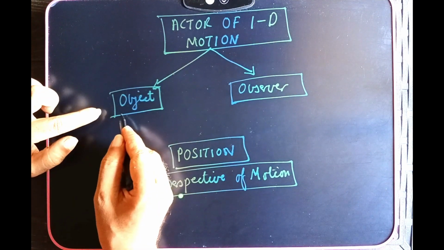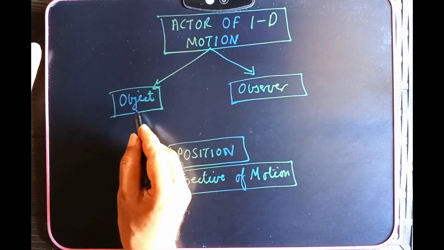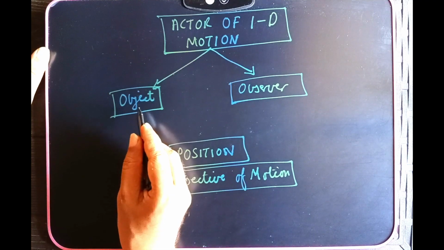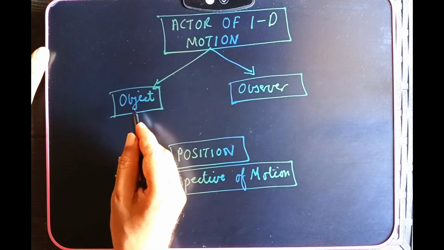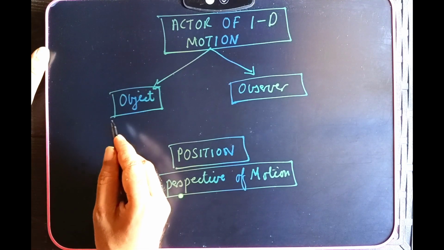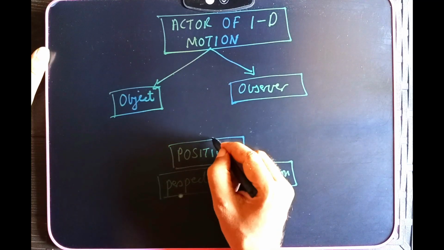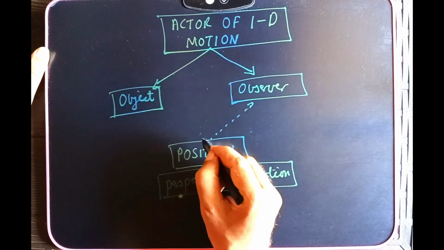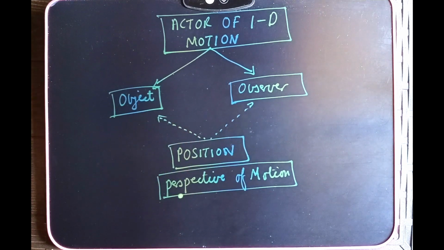The object also could be in a certain position, right? What is the reference point taken for the object? Based on that, the distance where the object is currently placed will differ, right? So position of both object as well as the observer.